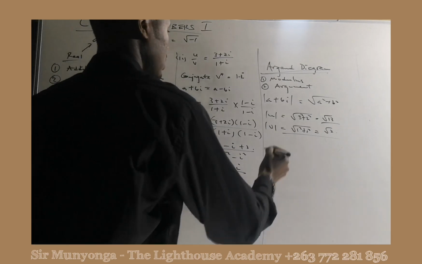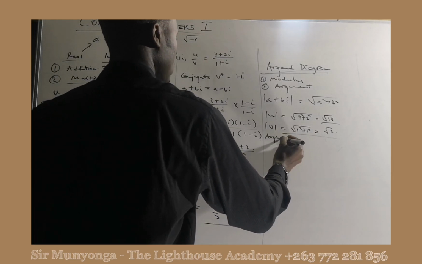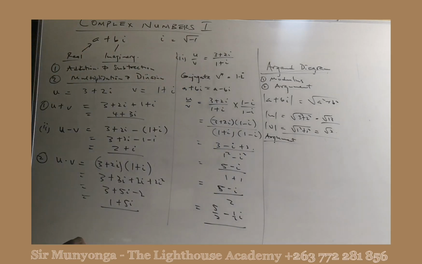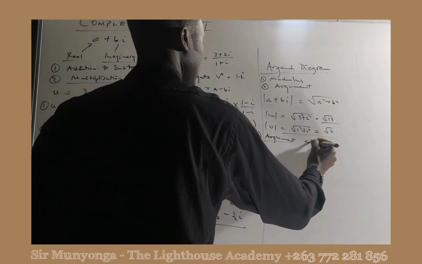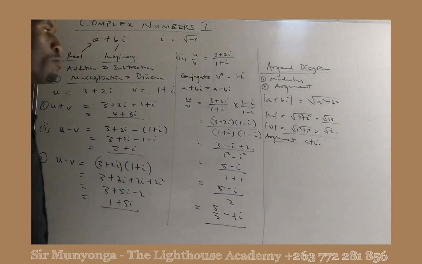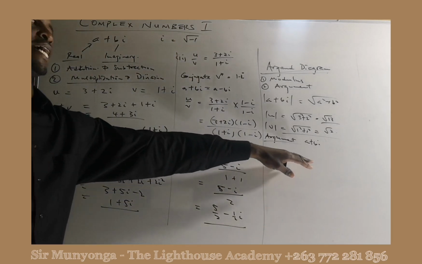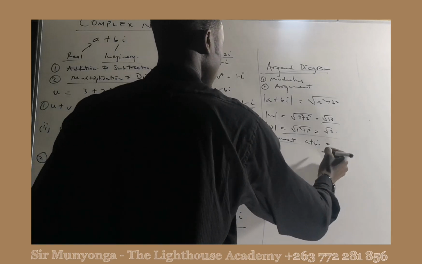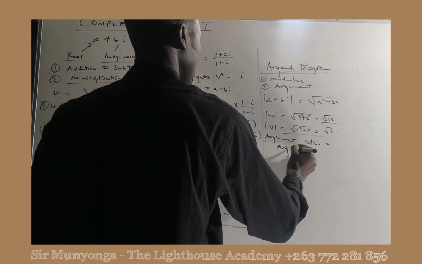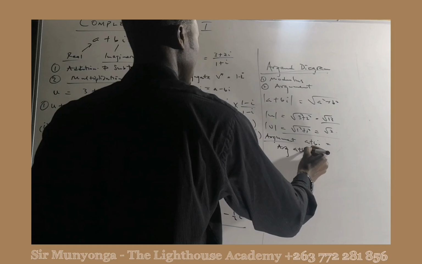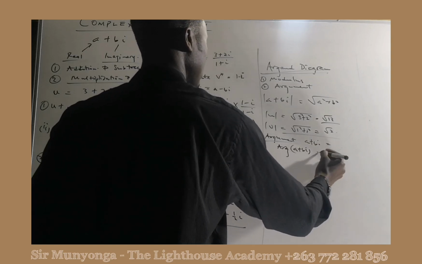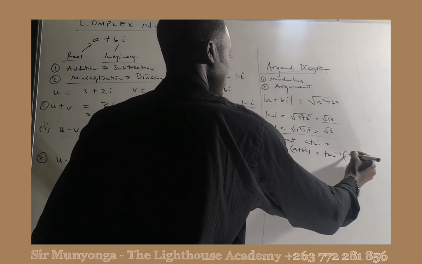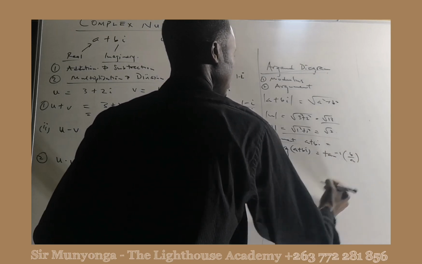How about the argument? The argument will be the angle. So the argument of any complex number, that's a plus bi in general, will be equal to arctan of the imaginary part b over the real part a.